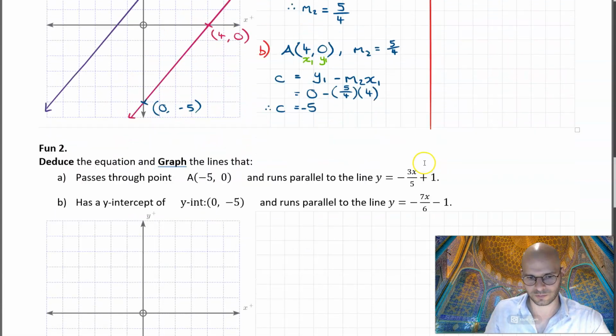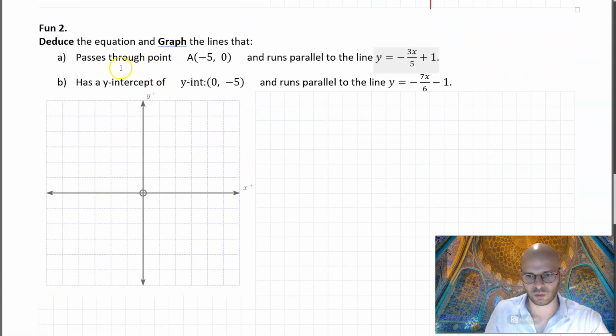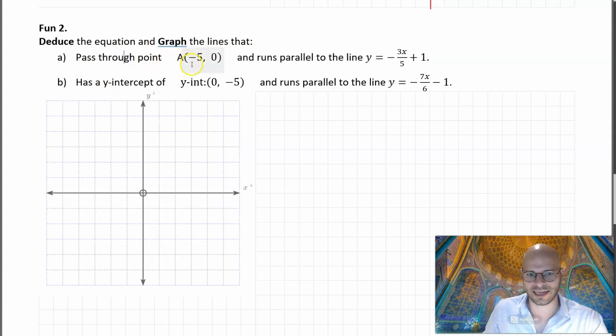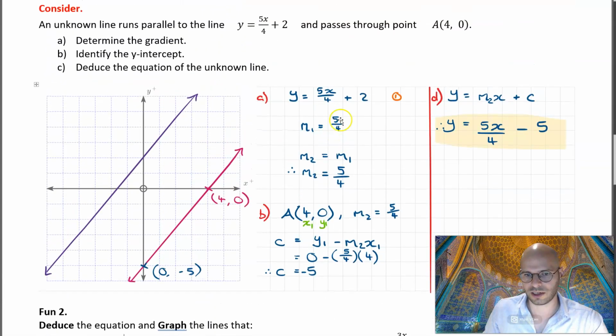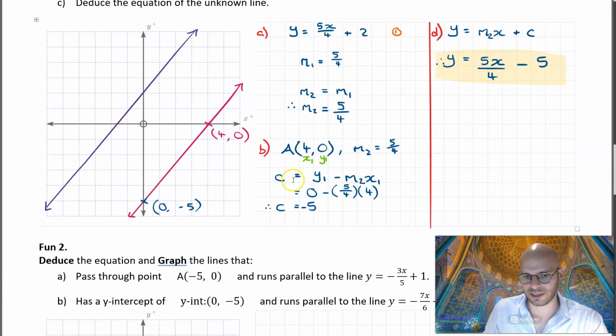Alright, your turn. Run 2, you are presented with two situations here. For situation 1, we want to deduce the equation and graph the line that passes through point A, (-5, 0), and runs parallel to the line shown here. So what you've got is another run-of-the-mill question as shown here.